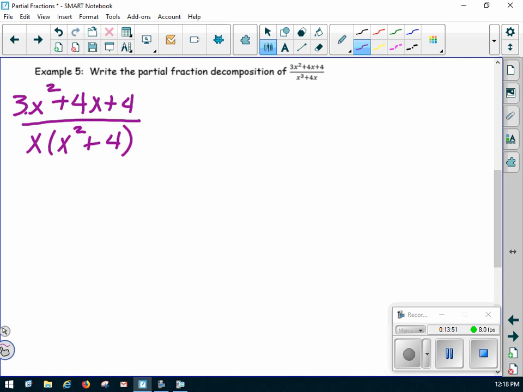There are only going to be 2 fractions. The denominator here is linear, so my numerator will be constant.